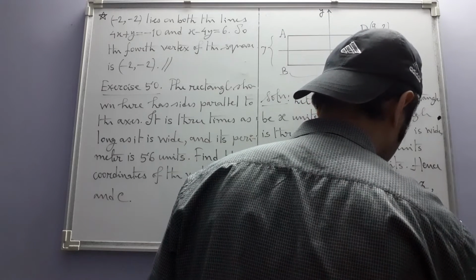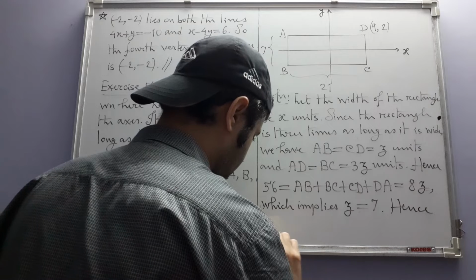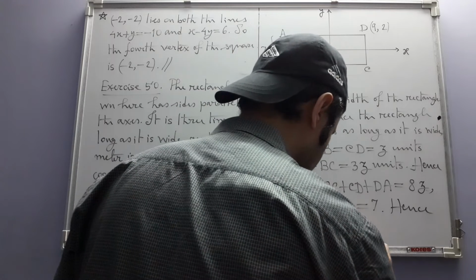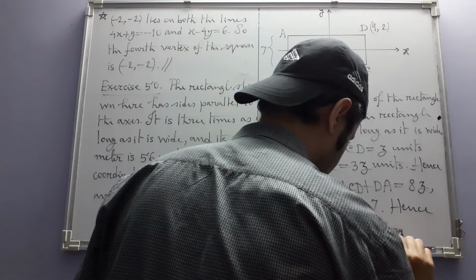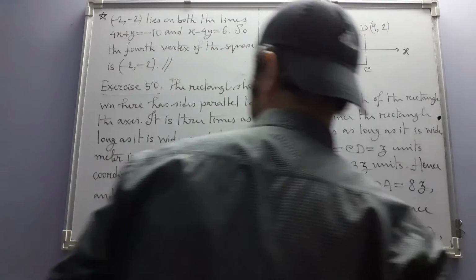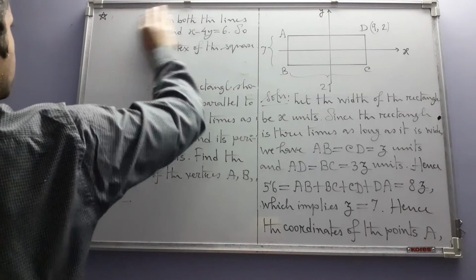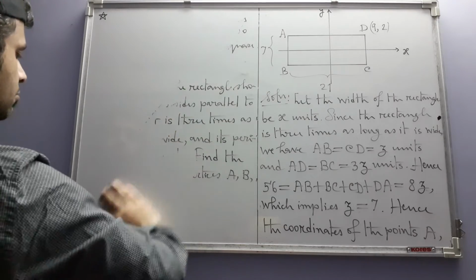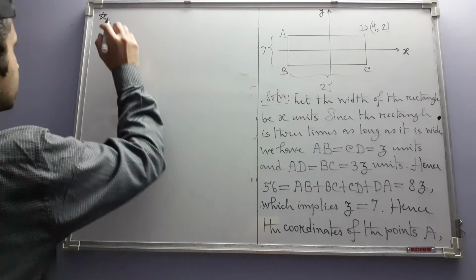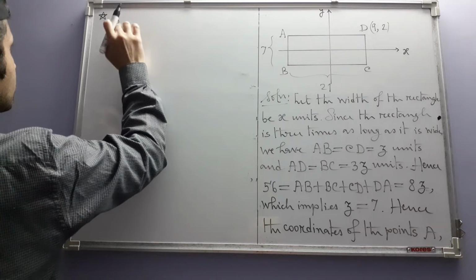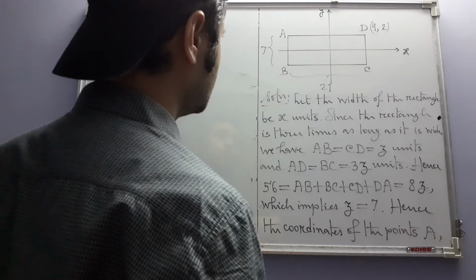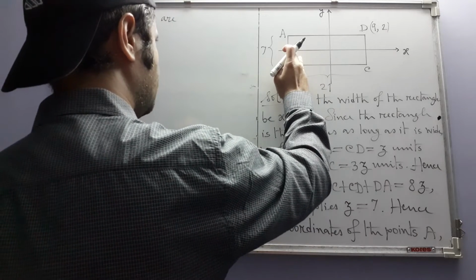Hence, the coordinates of the points A, B and C, okay, so minus 12 plus 2.